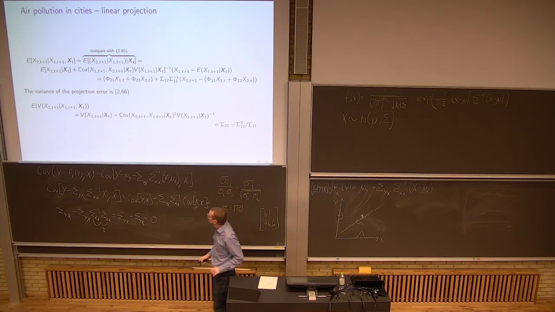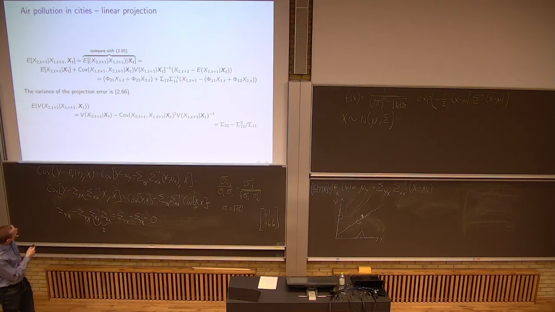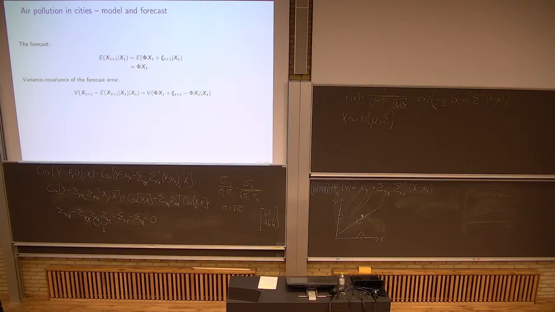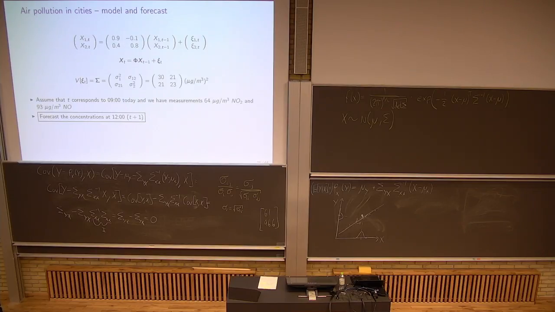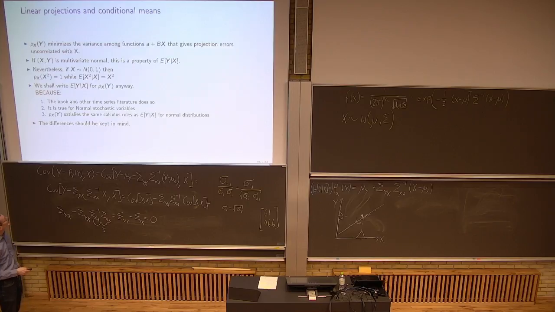And then we need to look at the variance of that. And we end up with this small thing here. So the variance of the projection error, if we go back some slides, where was that? The variance of the projection error is given here. It's the variance of y minus sigma yx on the variance of x inverse sigma yx transpose.